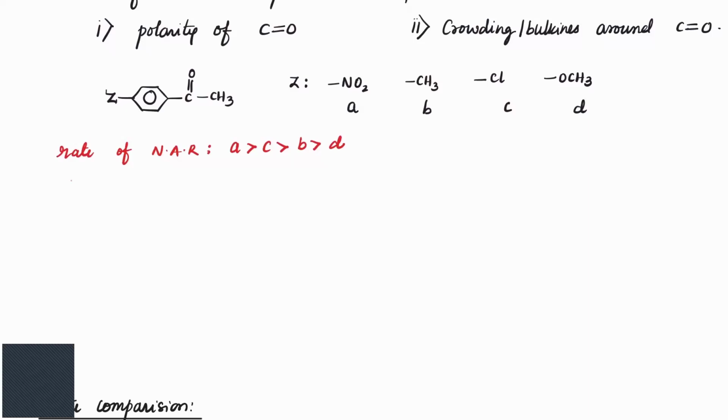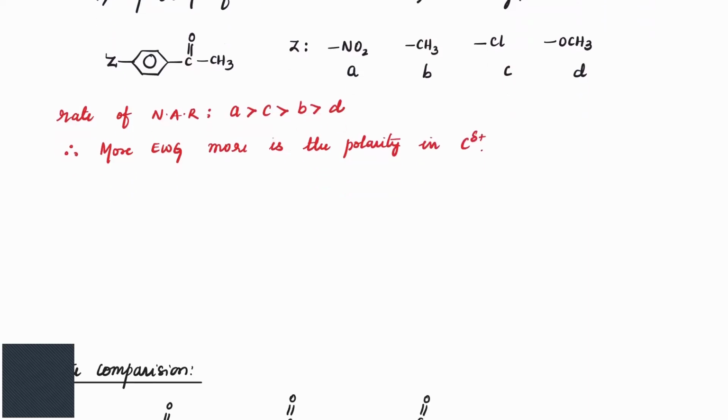Correct. Therefore, the more electron withdrawing groups present here, the more is the polarity, the more is the C delta plus. See this case now.